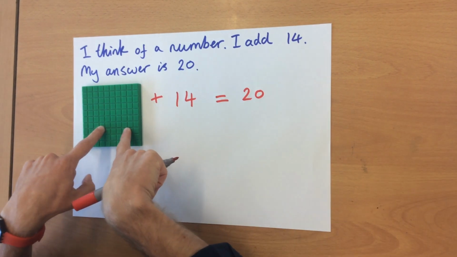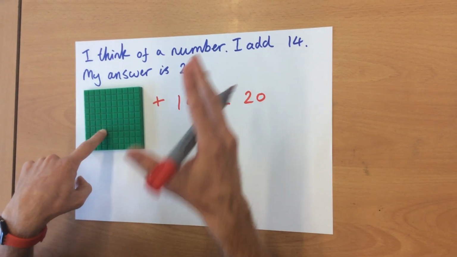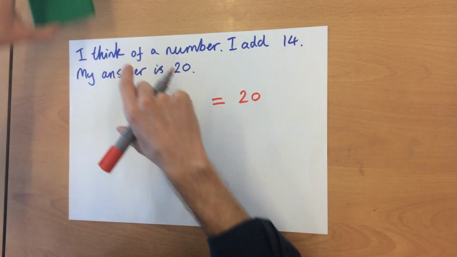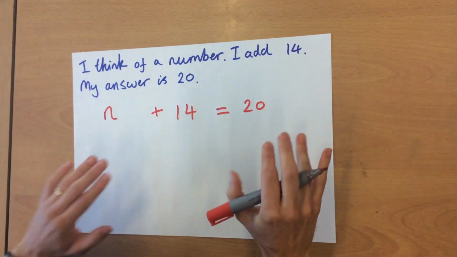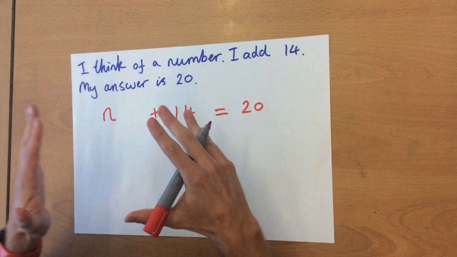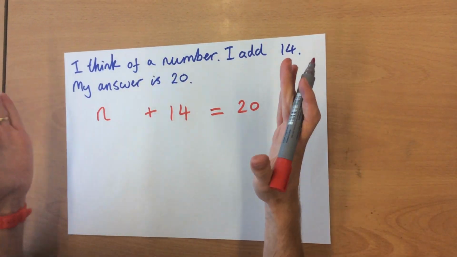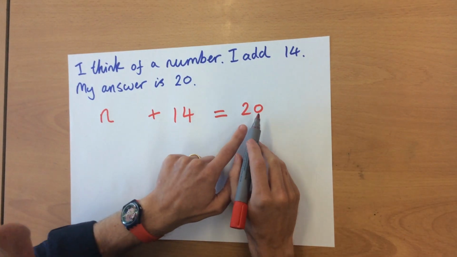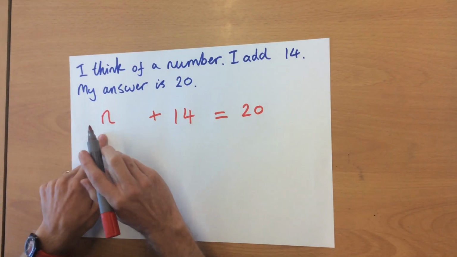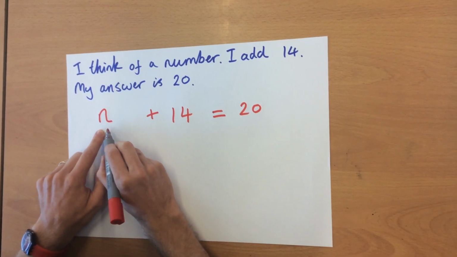I don't know this value. I don't know this number. But because I'm using algebra, I'm going to replace this with a letter. And this time we're going to use the letter n. Remember, n is a popular one for us to use because n means any number. So I've now got my algebraic formula. n plus 14 equals 20. But what on earth is n?